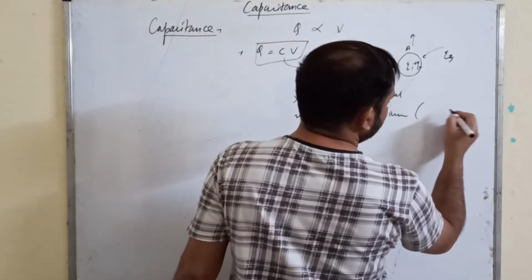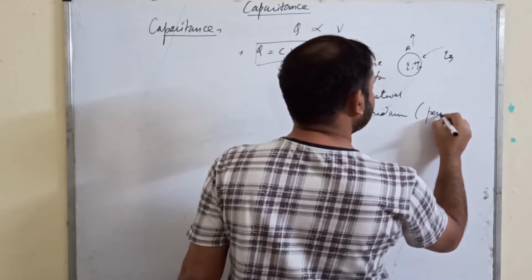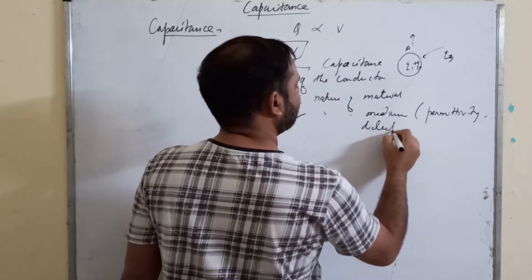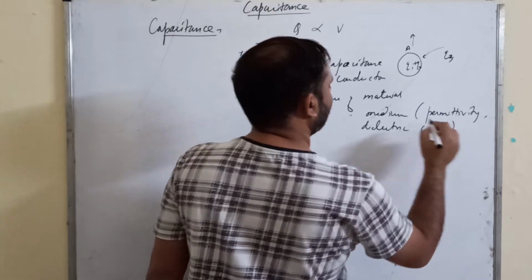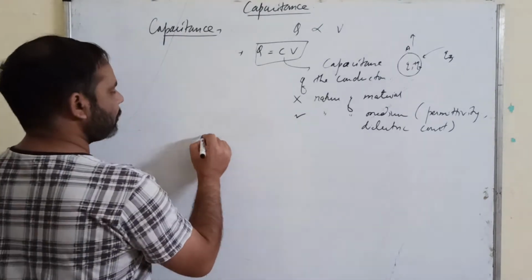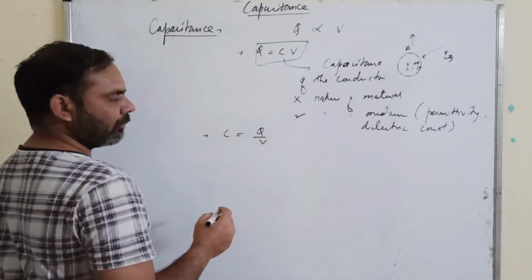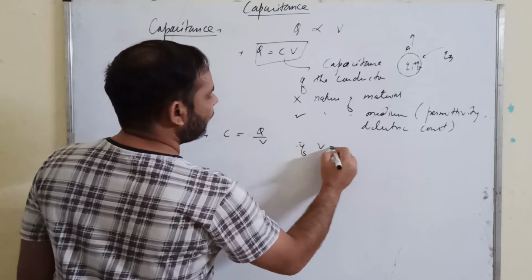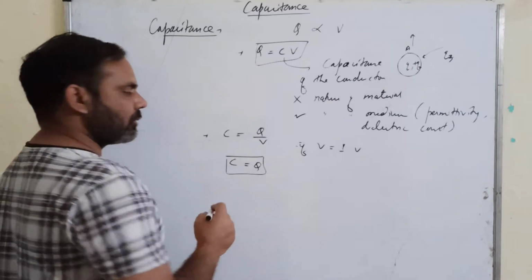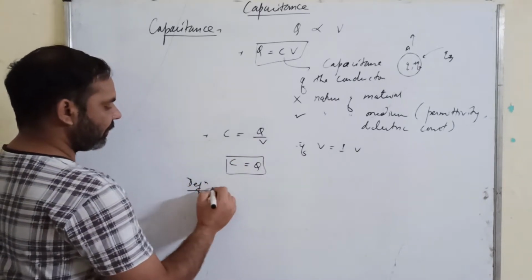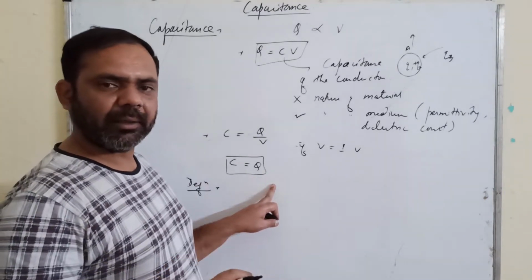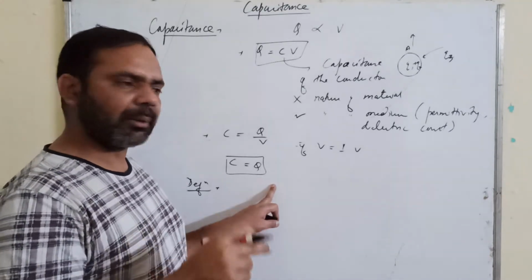Simply put, it depends on the permittivity and dielectric constant. So this constant of proportionality is called the capacitance of the conductor. So C is equal to Q upon V. Now if I take V equal to 1 volt, then C becomes equal to Q. So from here we can define capacitance as numerically equal to the charge which will raise the potential of the body by 1 volt.